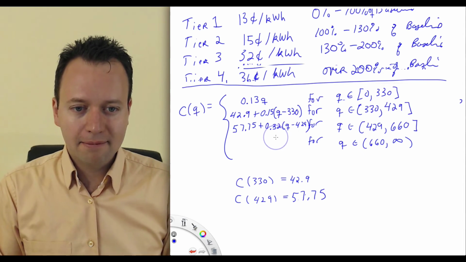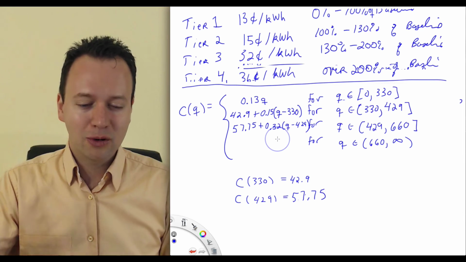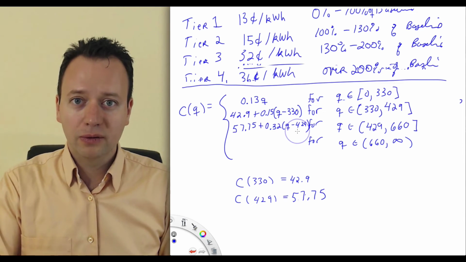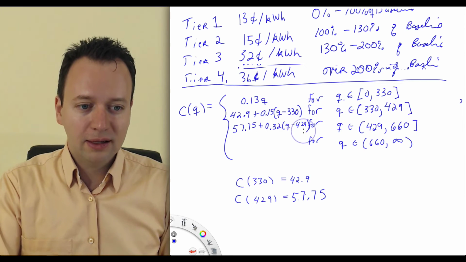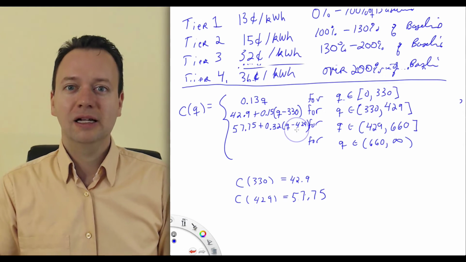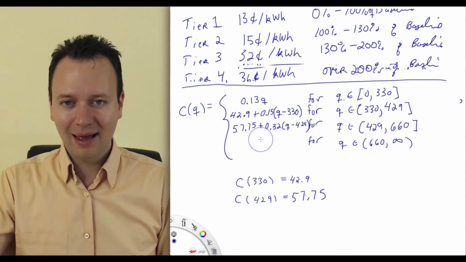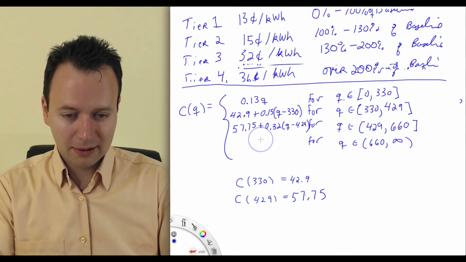And then we do the same. We rinse, wash, repeat, however you want to call it. Let's evaluate this at 660 kilowatt hours, see what the bill is at 660 kilowatt hours, and then add the new marginal rate to that.